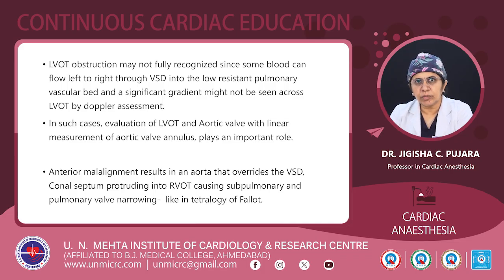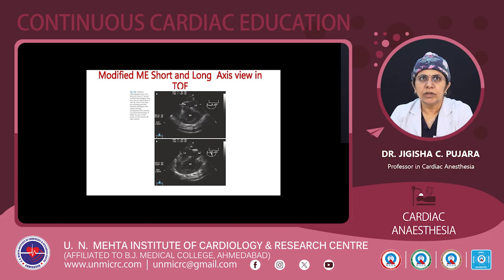Anterior malalignment results in an aorta that overrides the VSD, with the conal septum protruding into the RVOT, causing subpulmonary and pulmonary narrowing, like in tetralogy of Fallot. Here the figure shows a modified mid-esophageal short axis and long axis view in a patient with TOF. In the first image, at 0 degrees, you can see the outlet VSD with the asterisk.